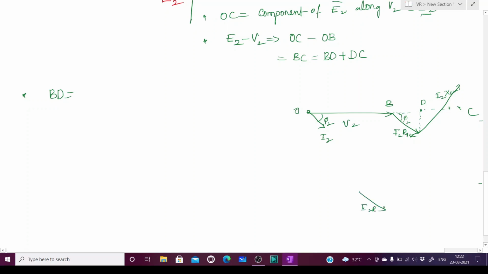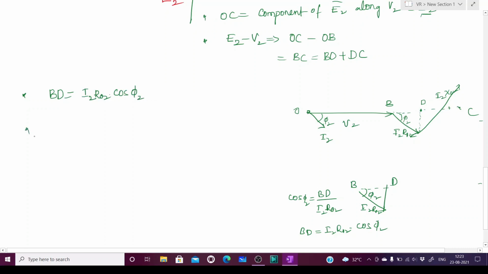This is the I2 R02 vector and this is BD, with angle phi 2. If you apply cos phi 2, that will be BD by I2 R02. That is BD equal to I2 R02 into cos phi 2. So this is the length of BD.